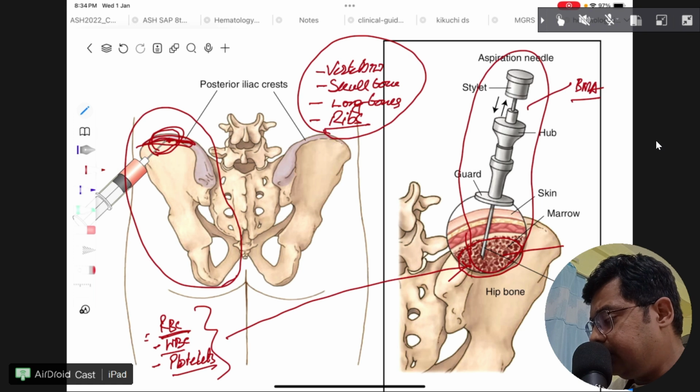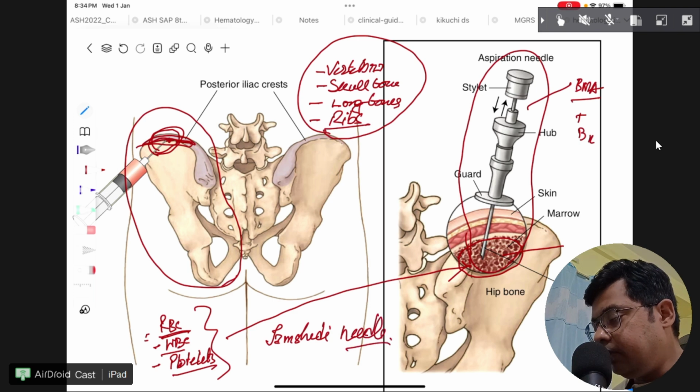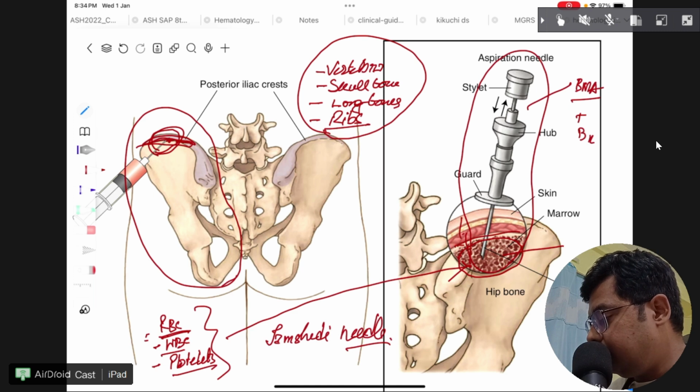To perform bone marrow aspiration and biopsy, you have to have a needle called the Jamshidi needle. With the help of that needle, you will introduce the needle through the iliac crest by piercing the outer part of the bone, that is known as the cortex.